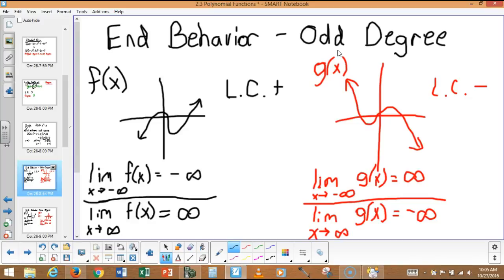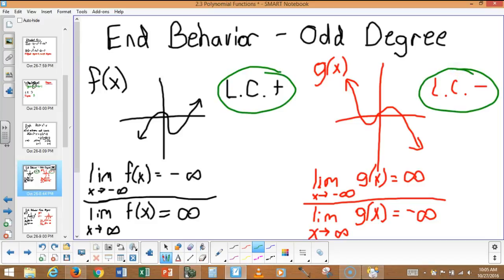If there's an odd degree, there's 2 different cases that we can have. Our leading coefficient could be positive, or the leading coefficient could be negative. So if you take a look at those 2 graphs, if it's an odd degree and the leading coefficient is positive, as our x values approach -infinity, our y values approach -infinity.